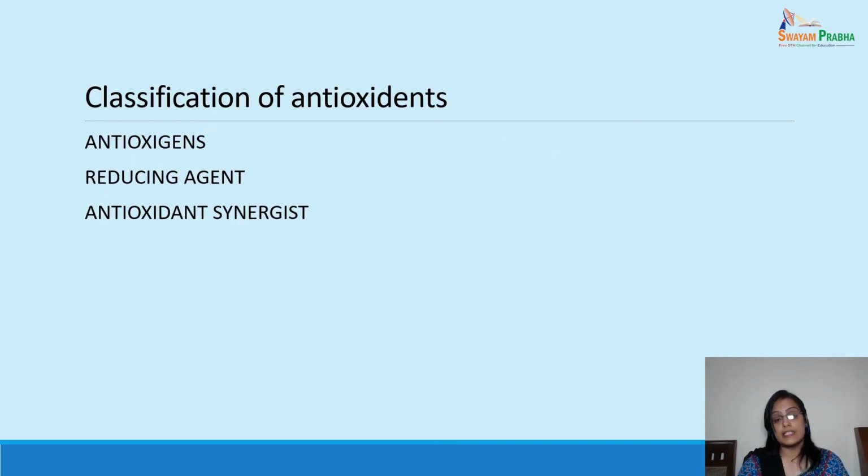Now we will classify antioxidants here: antioxidants, reducing agents, and antioxidant synergists. So this is the classification of antioxidants. Antioxidants proper, reducing agents are also antioxidants, and antioxidant synergists. So we'll see them.